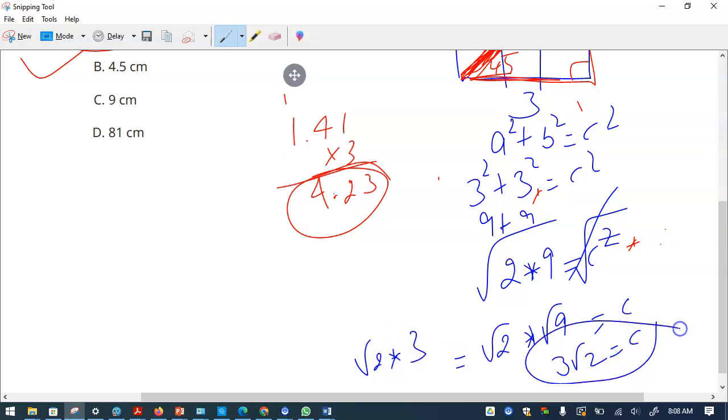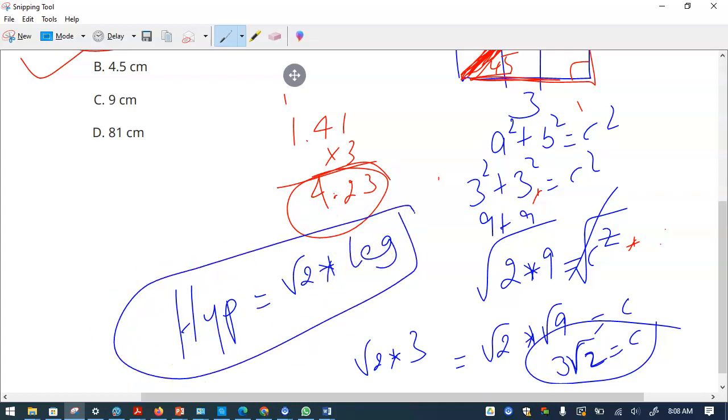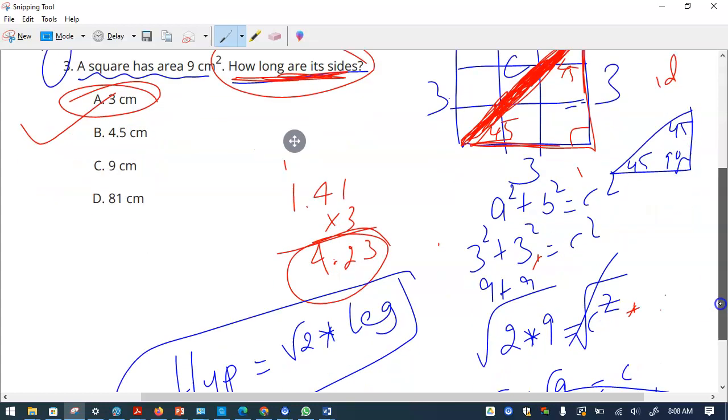So always remember the hypotenuse is square root of 2 times the length. This is a formula to be remembered. If it is a 45-45 triangle, the hypotenuse is square root of 2 times the length.